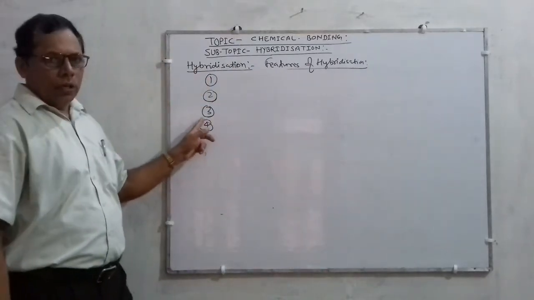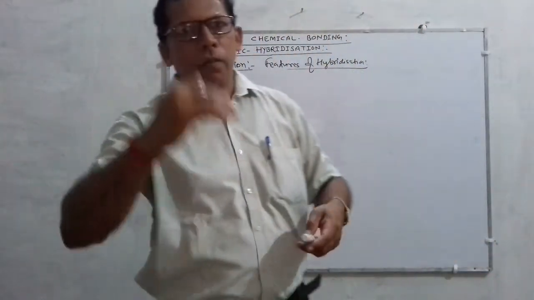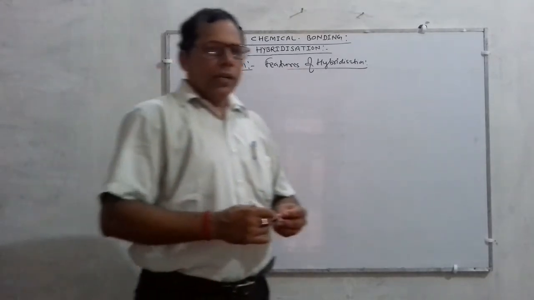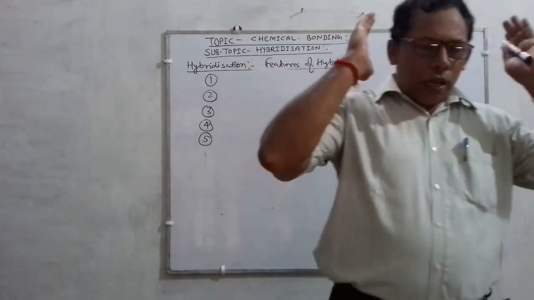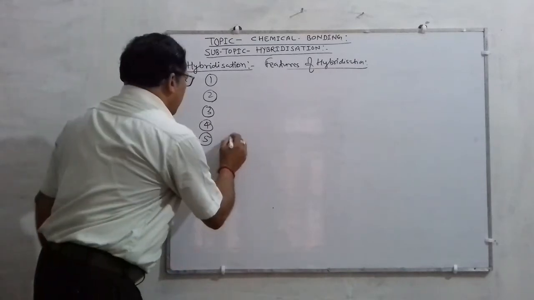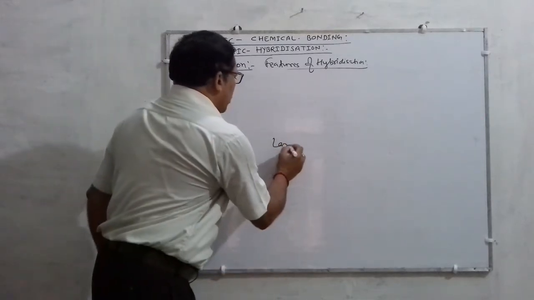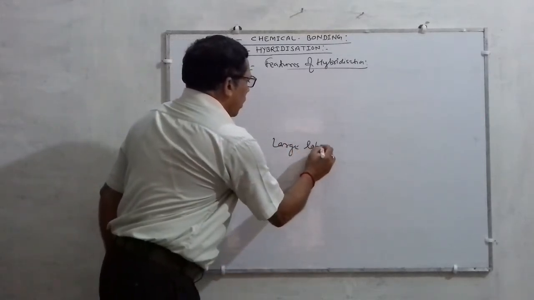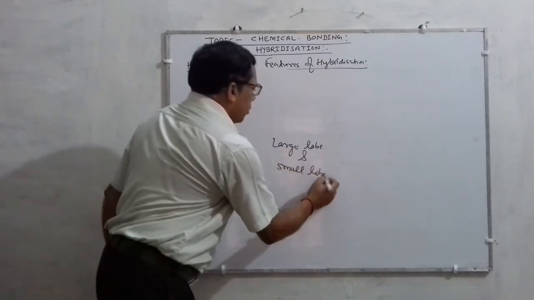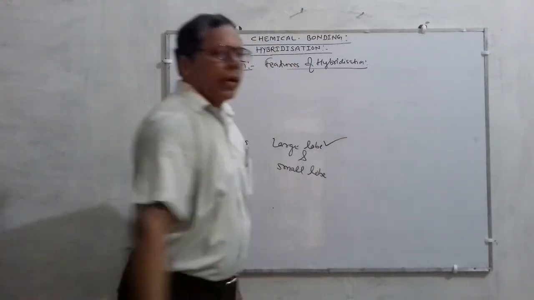And one more point you can add here: hybrid orbitals have two lobes, in which one lobe is a large lobe and the other lobe is called a small lobe. And in bond formation, only the large lobe can take part.